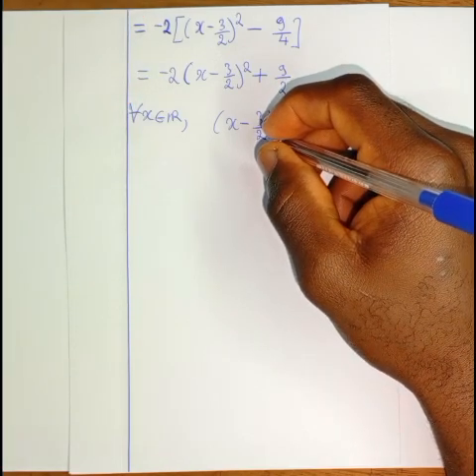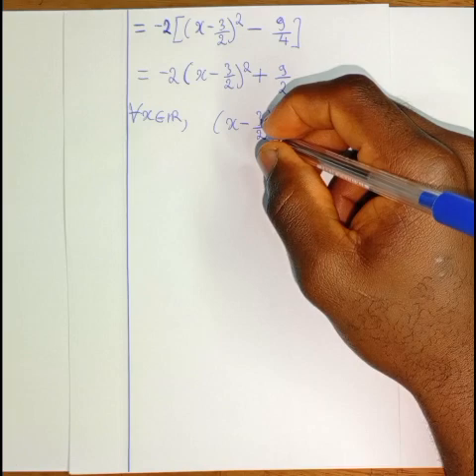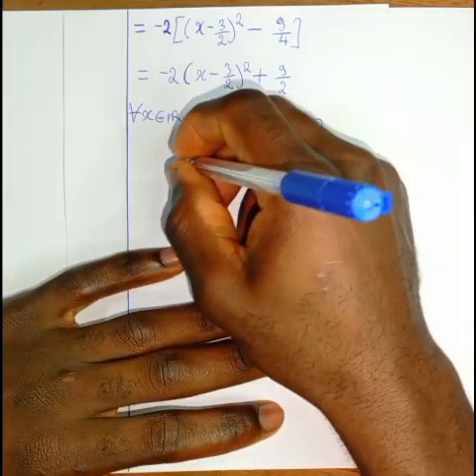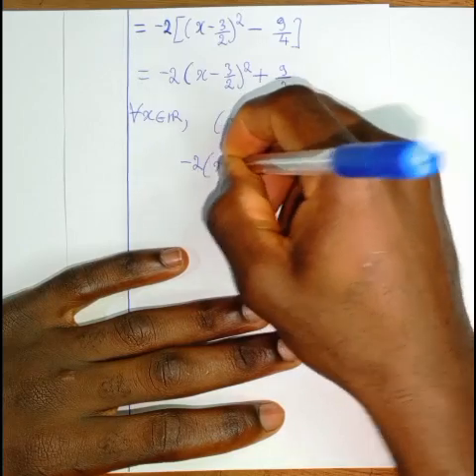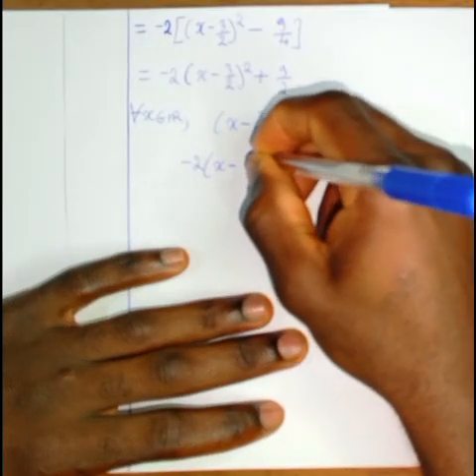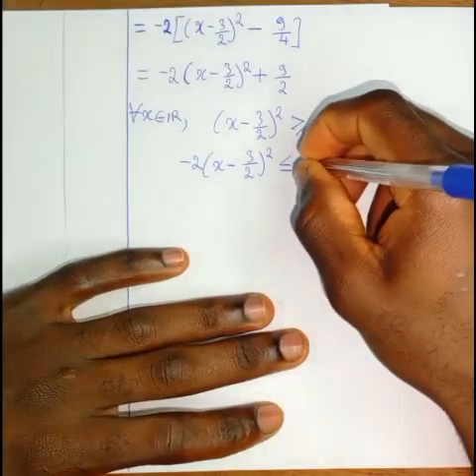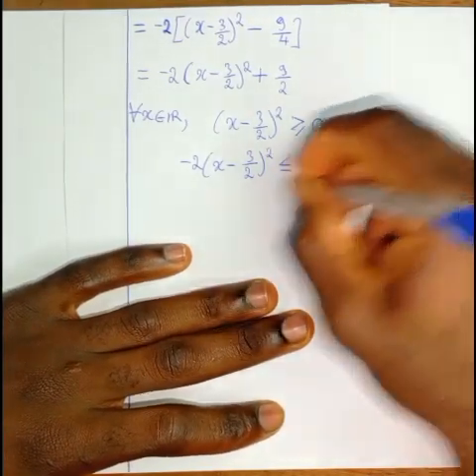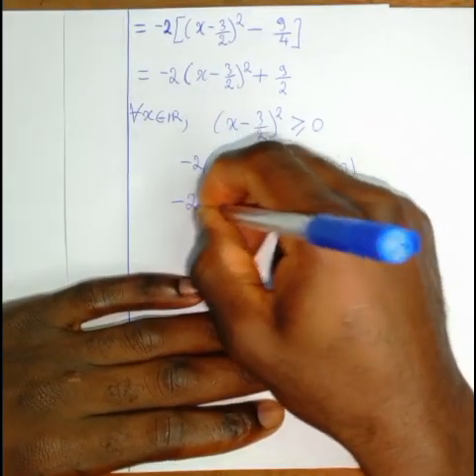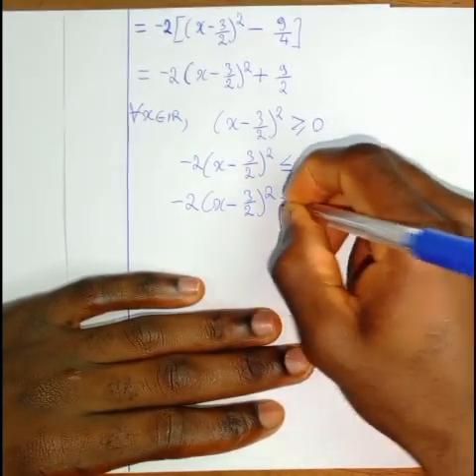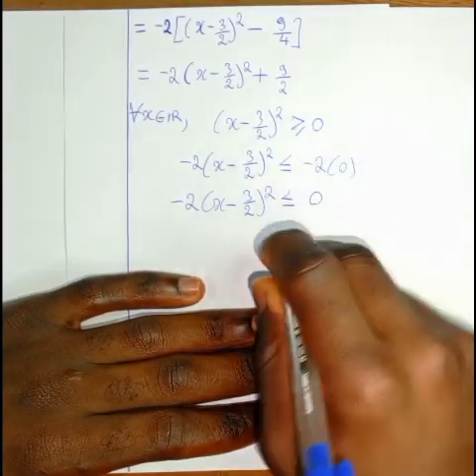Remember, if you multiply both sides by negative 2, the inequality sign is going to change. This will give us negative 2 times (x minus 3 over 2) all squared less than or equal to negative 2 times 0. This will give us negative 2 times (x minus 3 over 2) all squared is less than or equal to 0.